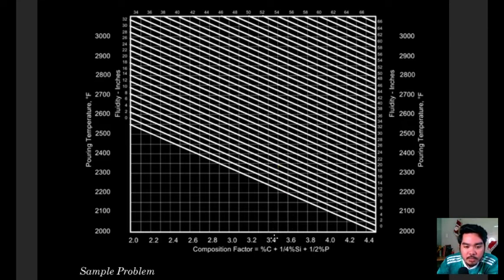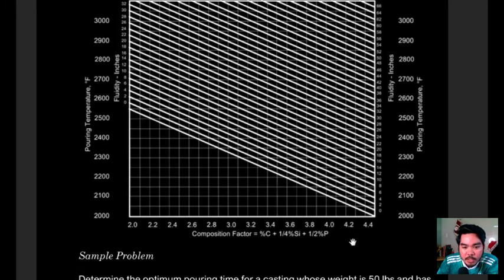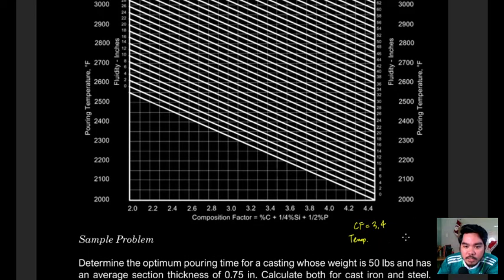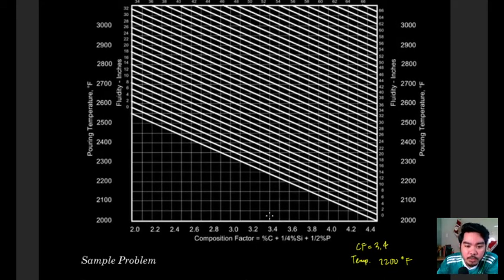The way you use this graph is, say you are given a composition factor of 3.4, and you are doing a pouring temperature of, let's just say 2,000, and this is all in Fahrenheit, no? So let's just say 2,200 degrees Fahrenheit. Okay? So we use 3.4 projected upwards.